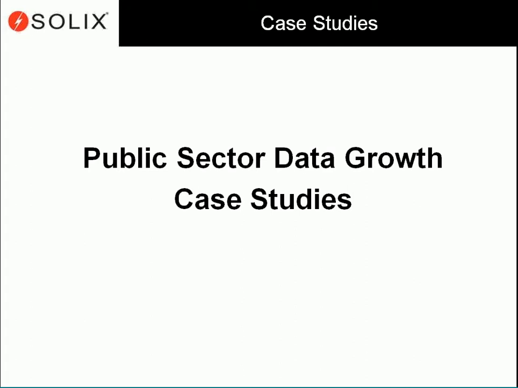As the data keeps growing, the tactical things are that, yeah, we can add more servers, we can add more storage, and so forth. But the bigger question is, how do we effectively manage that in a more strategic fashion? And that's where the technology we provide from Solix comes in.